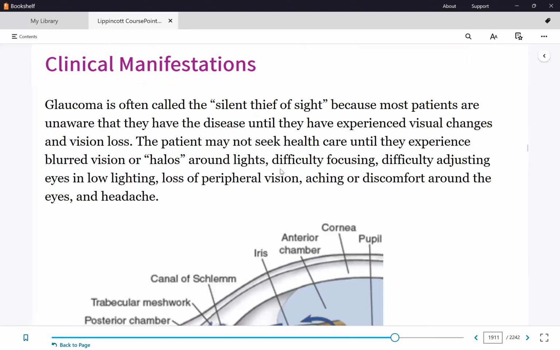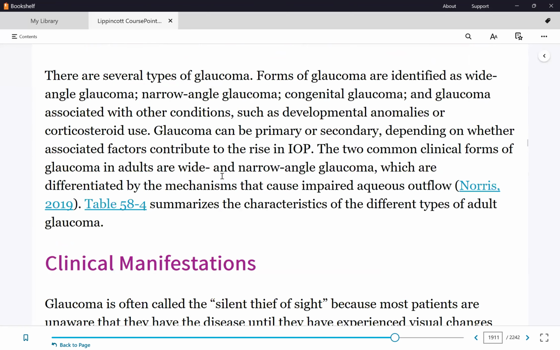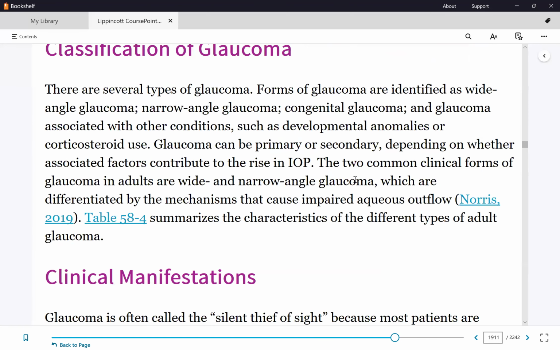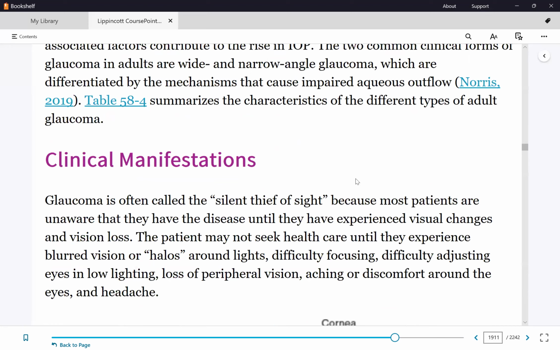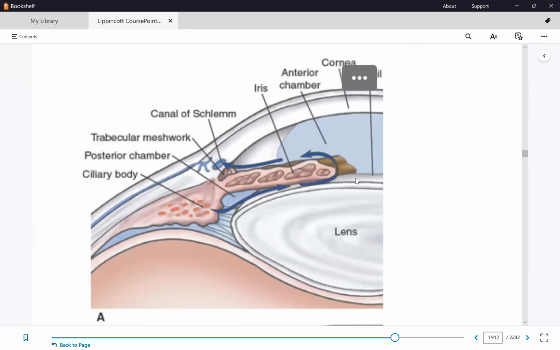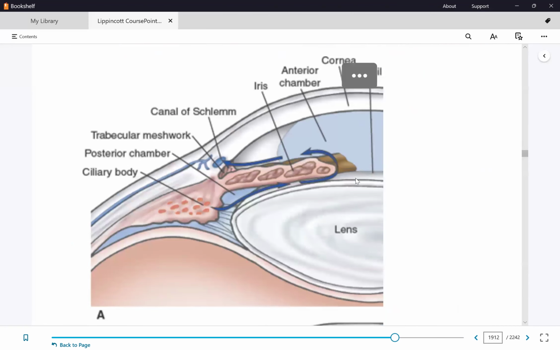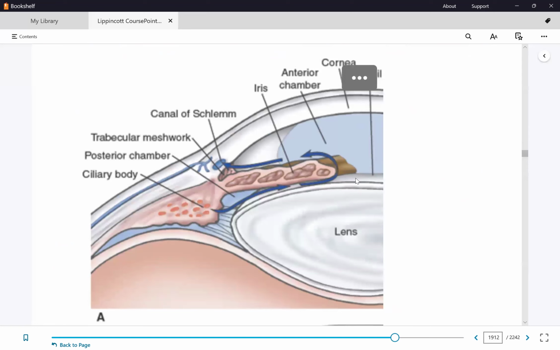Now, when they say wide or narrow angle glaucoma, the angle they're referring to is really these here. So this is the front of your eye. Let's stay here. All right.